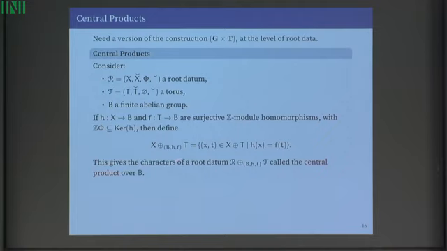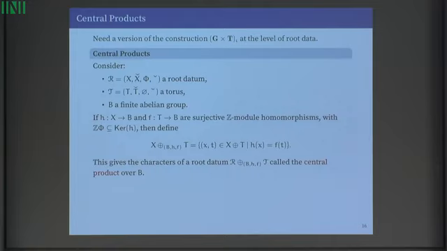So what I'm going to do is simply take the fiber product over B of these Z-modules. And really, if you think in the language of groups, you're factoring out by a finite group. And so if you think about this in terms of characters, you need to put something in the kernel.